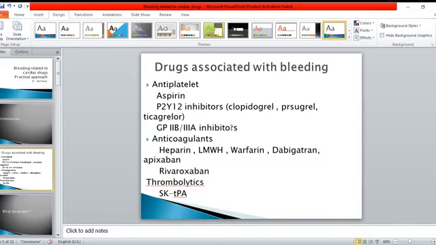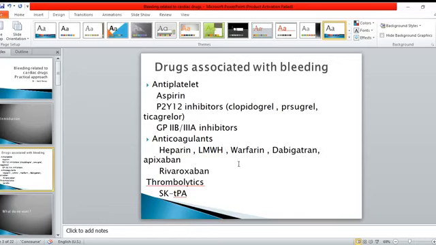We also use glycoprotein 2b/3a inhibitors. We can also use anticoagulants like heparin, unfractionated heparin, low molecular weight heparin, warfarin, and dabigatran, rivaroxaban, and apixaban. Also thrombolytic drugs like streptokinase or tissue plasminogen activators.